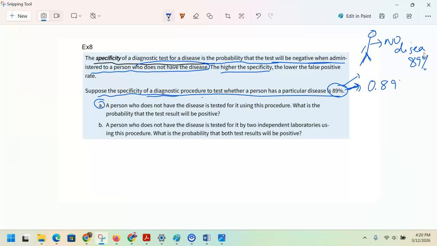Now, a person who does not have the disease is tested using this procedure. What is the probability that the test will be positive?